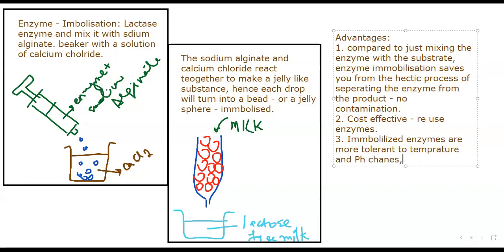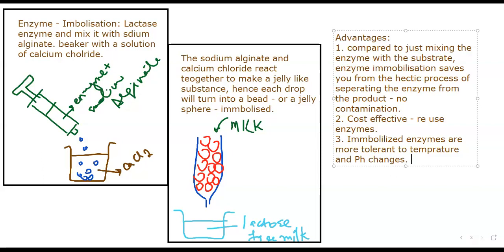Remember this. As compared to an enzyme in a solution. So if I take an enzyme and just mix it with milk, it's still going to be affected by the temperature and pH. Immobilized enzymes are also affected, but not that much. Why does this happen? Because the enzyme molecules are firmly held in shape by the alginate. So they don't denature easily, right?